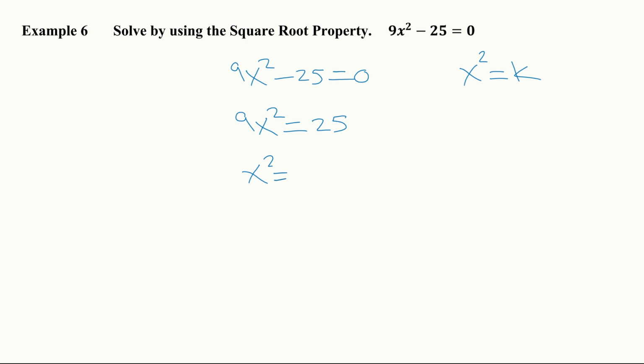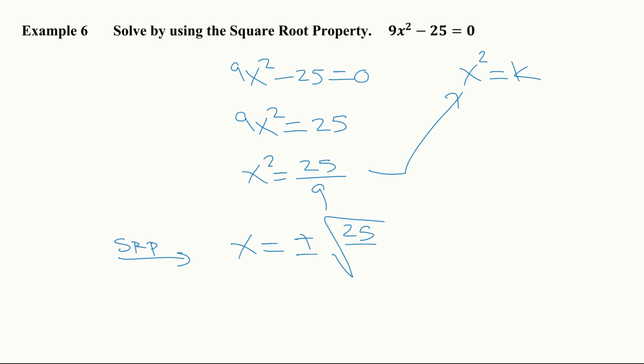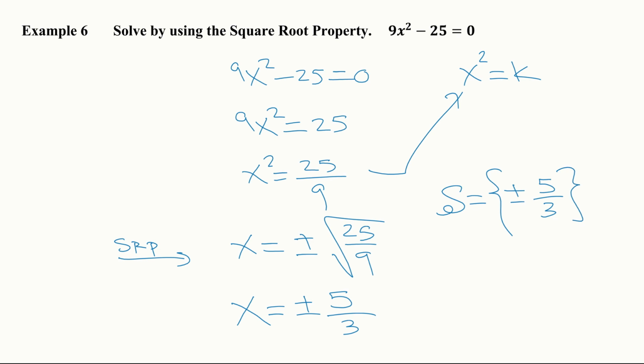So x squared equals 25 over 9. Now we're in the proper format, so we can go ahead and apply the square root property. Therefore, by the square root property, x equals plus or minus square root of 25 over 9, which of course is plus or minus 5/3. So we write the solution set as the set containing plus or minus 5/3, like so.